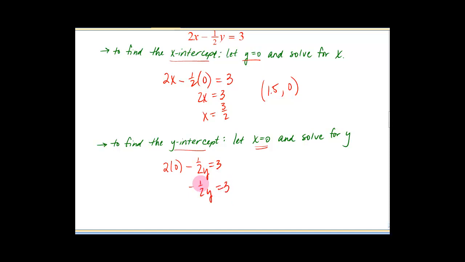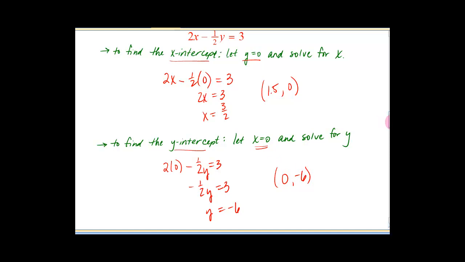If I'm multiplying by 1/2, I'm going to divide by 1/2, which is really like multiplying by 2 over 1. So I need to multiply by a -2 and a -2, and I get y is equal to -6. So here I can write my solution, or my ordered pair, to be 0 for x and -6 for y. Okay, and that answered this question.